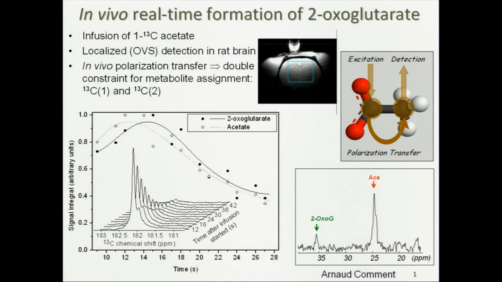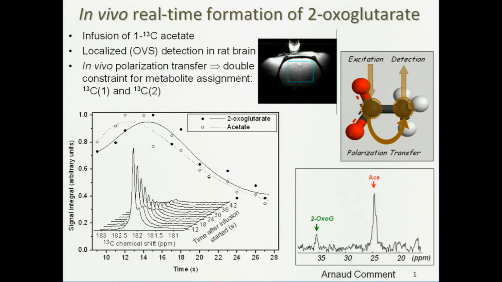Here's an experiment with acetate, and this is the group in Lausanne, and this was really a magnetic resonance tour de force, where they're looking at the rat brain, and due to a lack of difference in chemical shift between the acetate and the glutamate, they couldn't really resolve those two peaks to track them separately.